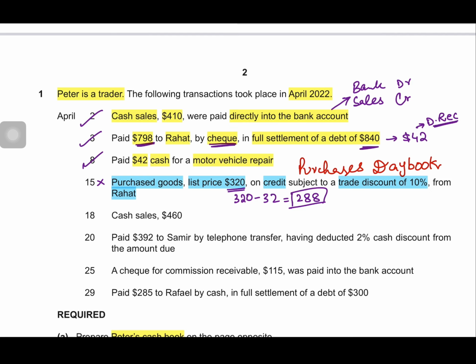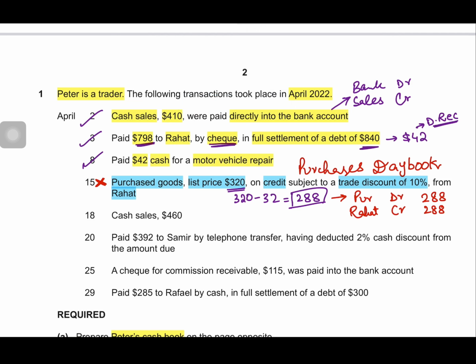But since this transaction is purchase on credit, so it will be recorded as purchases debit 288, the post discount value, and Rahat's account would be credited with 288 as well. Since cash or bank isn't involved, it won't be recorded in my cash book. Keep this in mind. Such transactions are usually there in past papers. So if you are aware that which transaction is recorded in which day book, you will not make the mistake.